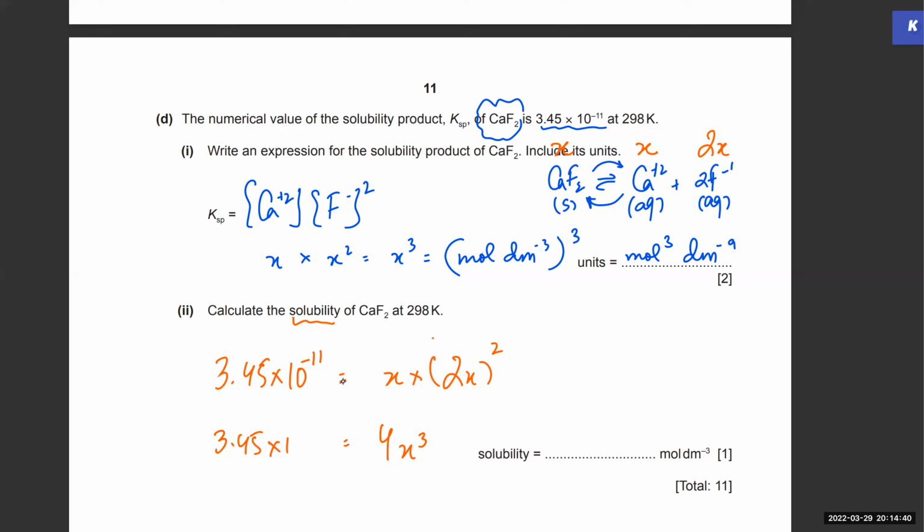Can anyone do the math and tell me what the answer is? So what do we get for X? 2.01 times 10 to the power minus 4. Okay, that's your value.